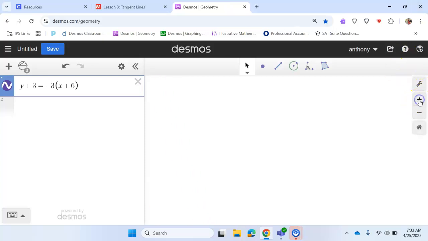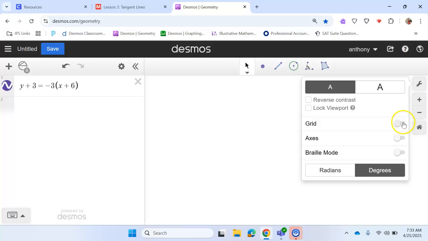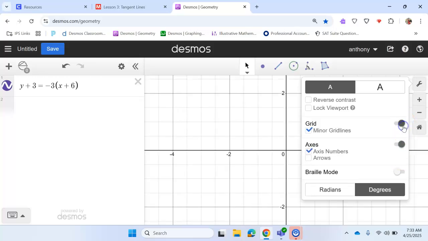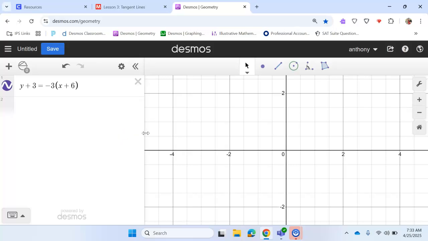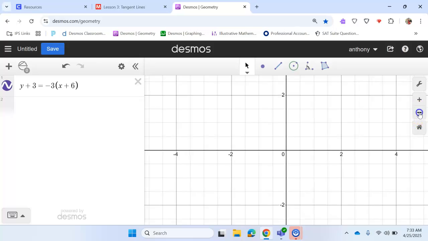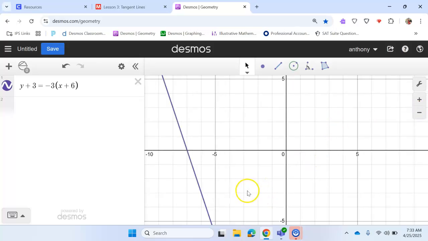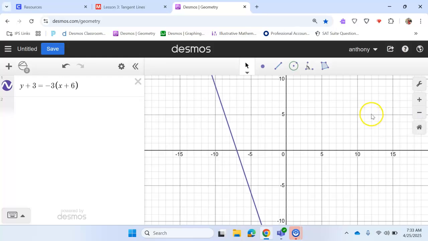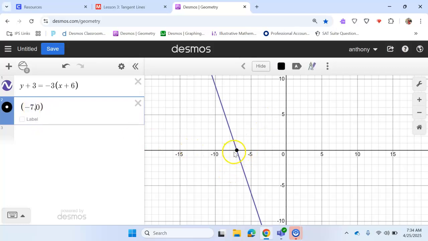I'm going to turn on the grid and the axes to see the line. You can see it contains the point -7, 0. And you can see that point is on the line.